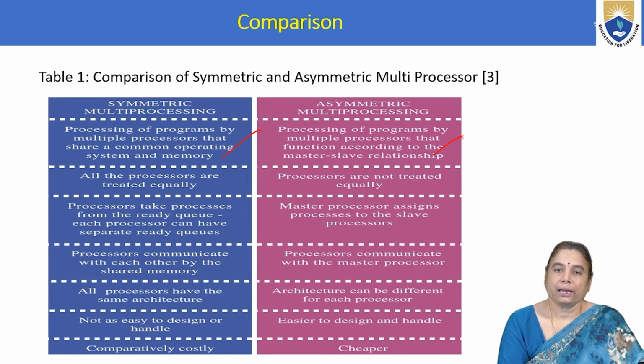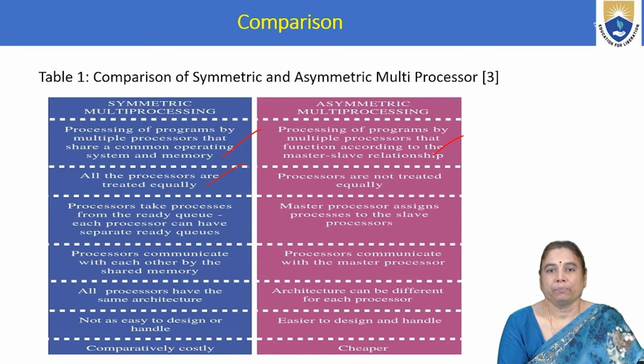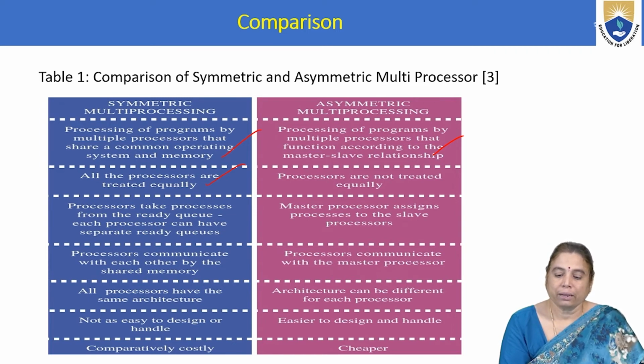One processor acts as the master and gives instructions to the other processors. In symmetric multiprocessors, all the processors are treated equally, so a peer-to-peer relationship exists between processors. But in asymmetric multiprocessing systems, processors are not treated equally, so a master-slave relationship exists between the processors.